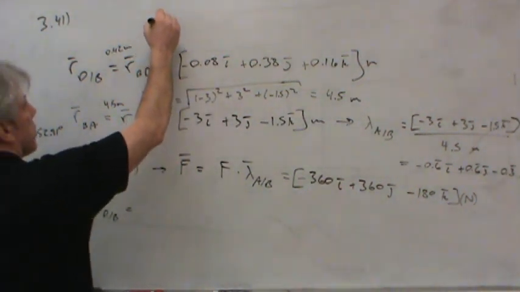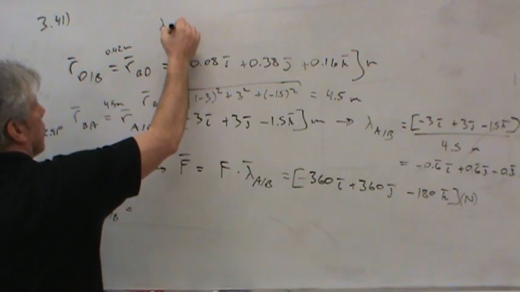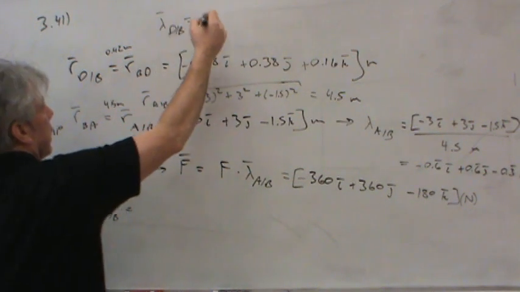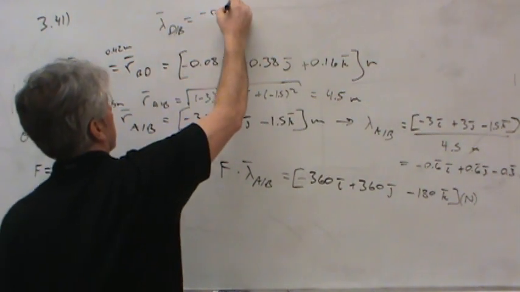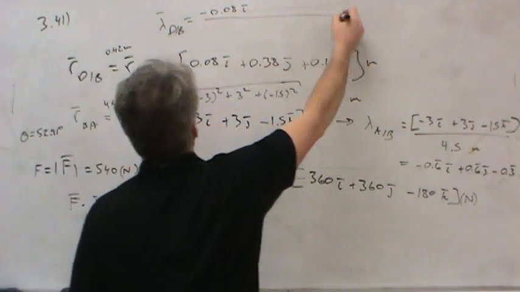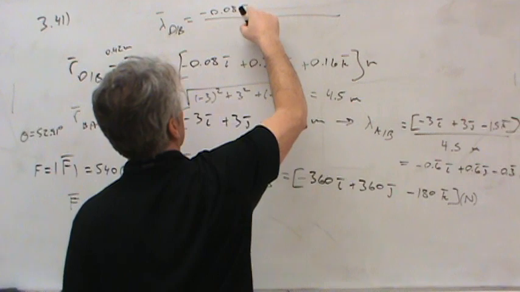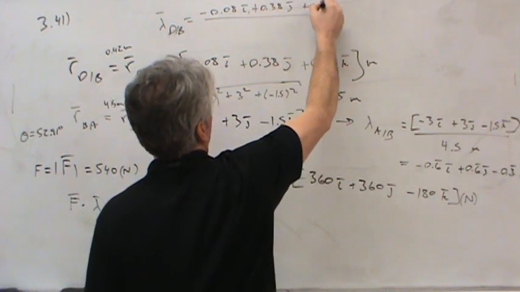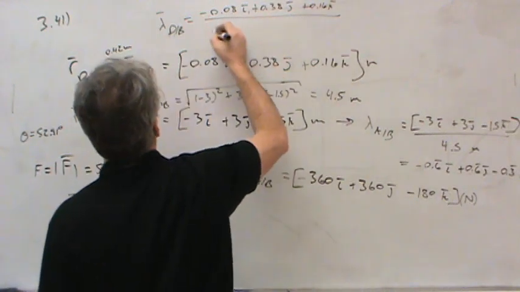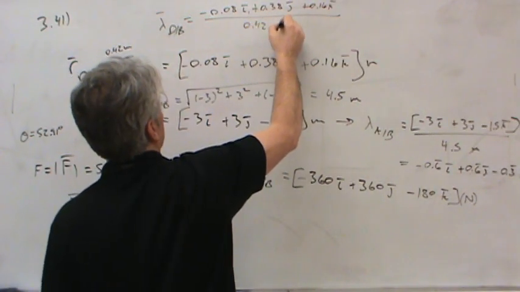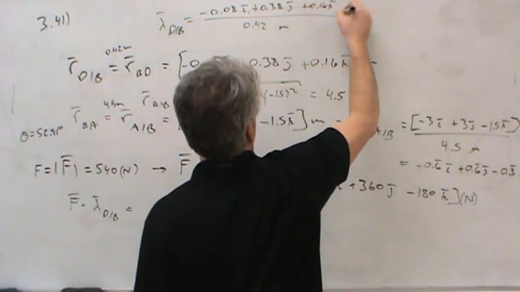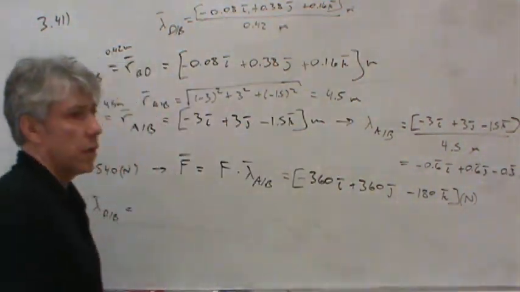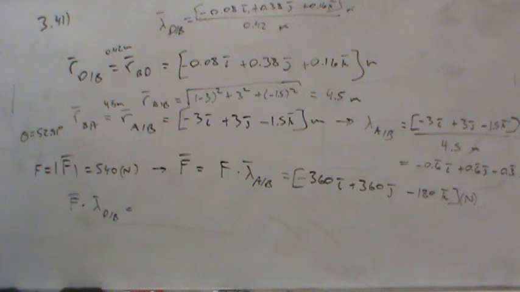So in other words, the unit vector from B to D would be equal to negative 0.08I plus 0.38J plus 0.16K divided by 0.42. So meters again over meters, they cancel, and we've got a unit vector from B to D along the tent peg.